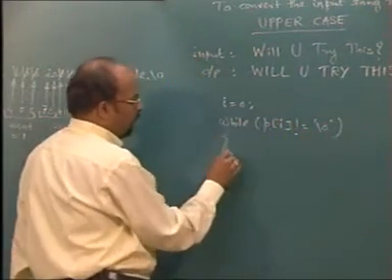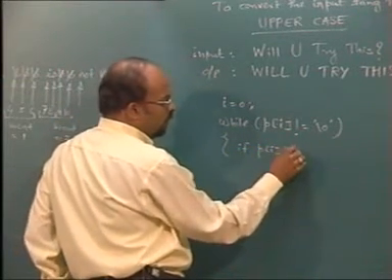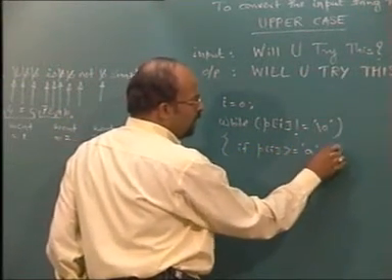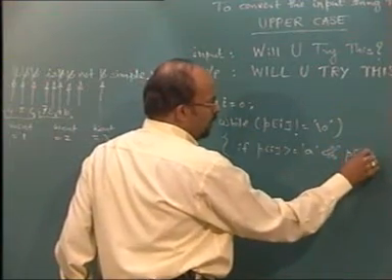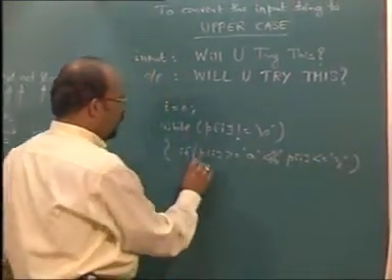How will I check whether it is lowercase? It is P of I greater than or equal to small a and P of I less than or equal to small z. Now I am sure that it is lowercase.